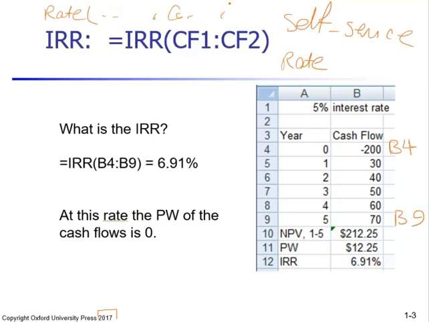So here, the internal rate of return of this cash flow that we get, it is telling you it is 6.91%. So you just give it the cash flow and it calculates it.